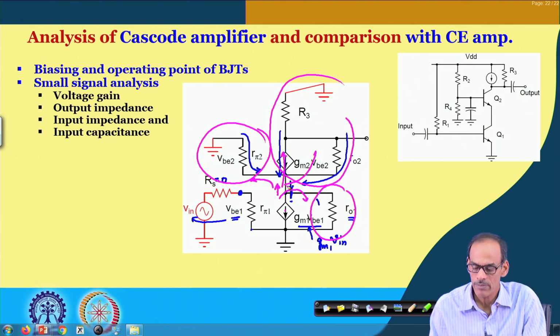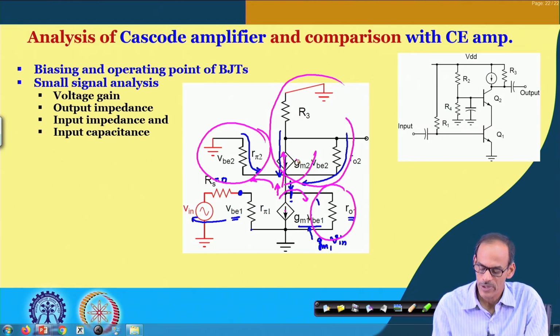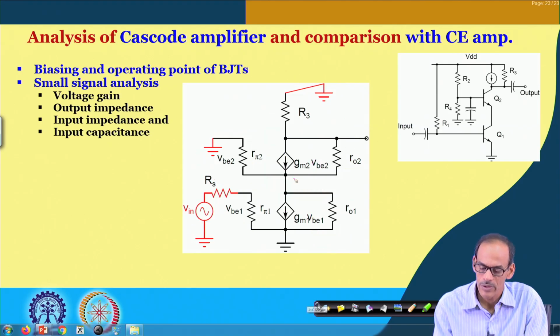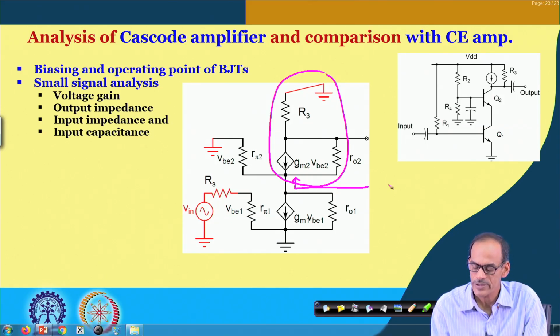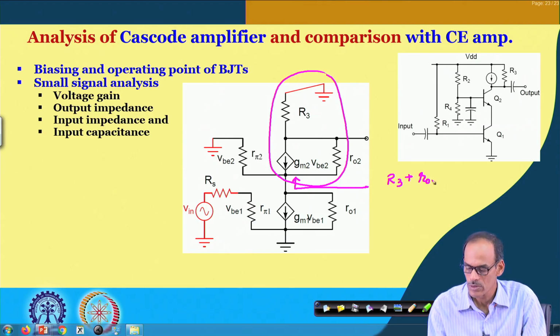If you look at the impedance of the main amplifier, if you see this part, what is the impedance? The impedance of this part is R3 plus r o2 divided by g m2 r o2 plus 1.